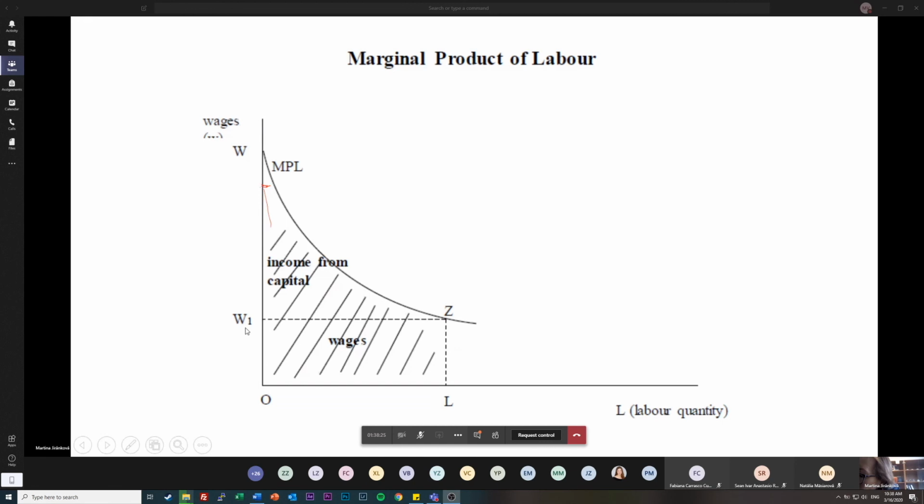Now, the second point I would like to stress is the hatched area. This hatched area is GDP. The hatched area under the marginal product of labor is GDP.